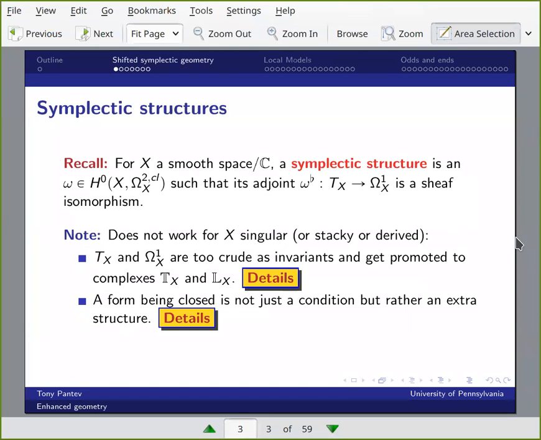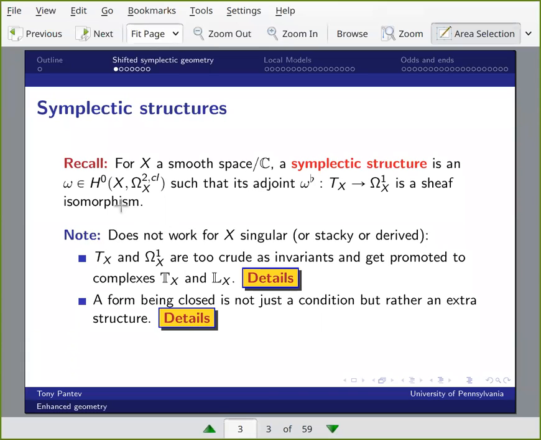All right, so let me say something about symplectic structures. For people who haven't seen this before, these are all algebraic symplectic structures. So everything is happening in the world of algebraic geometry, and for concreteness, I'm going to do complex algebraic geometry. If you have a smooth complex algebraic variety, which I'm calling X here, a symplectic structure is what you are normally used to calling a symplectic structure.